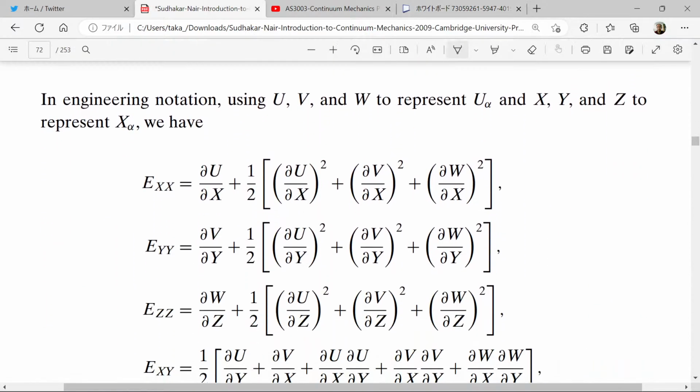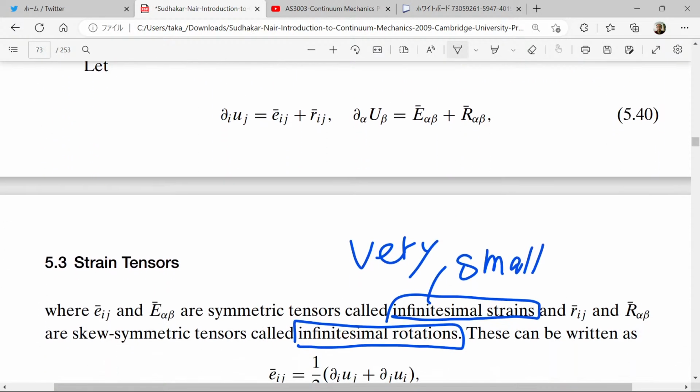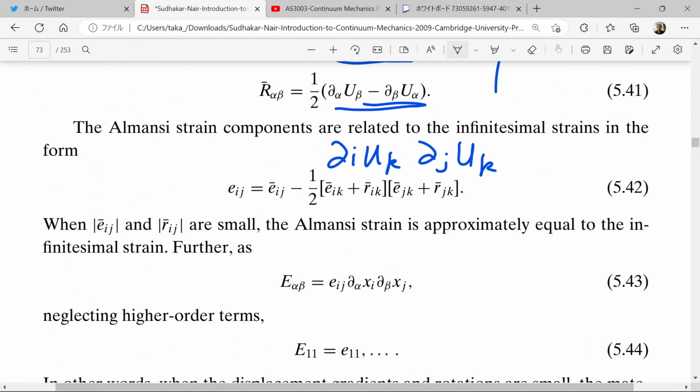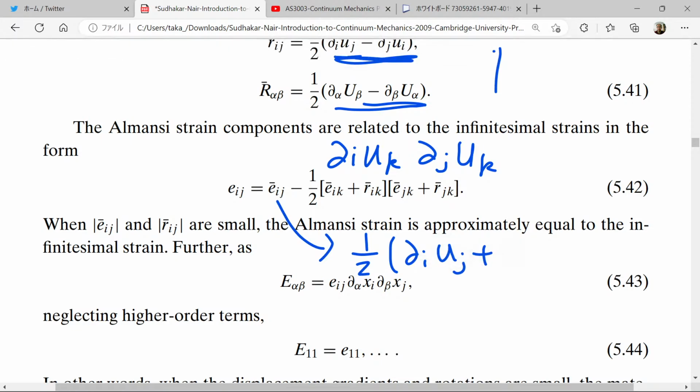So then what do we have? This thing is 1/2 of partial i u_j plus partial j u_i.